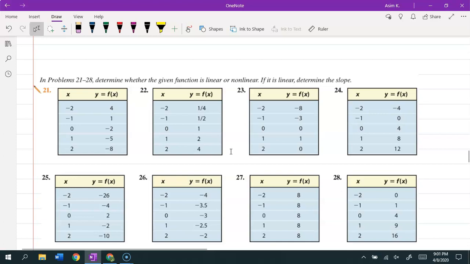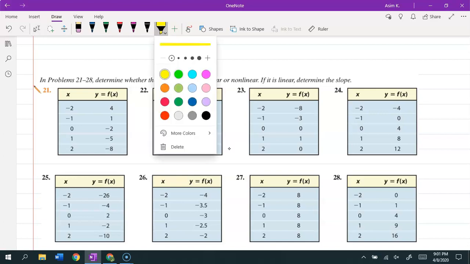All right, so it says determine whether the given function is linear or nonlinear. If it is linear, determine the slope. So this is really from a totally different chapter in the book itself, but honestly, it's not much more different than learning lines, and so I find it's usually just easy to talk about it here.